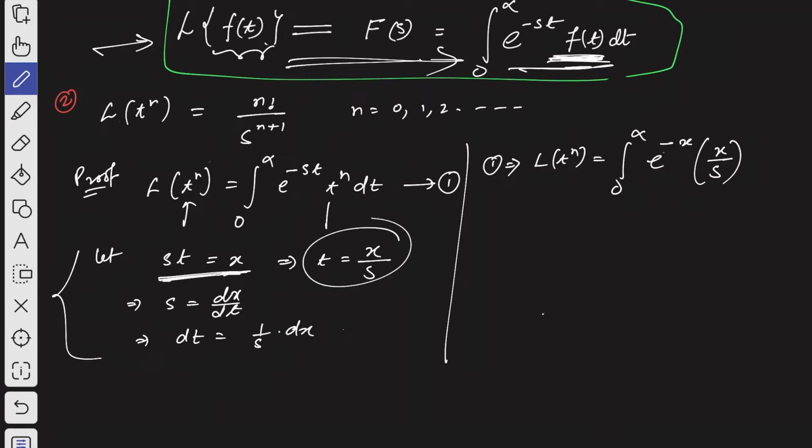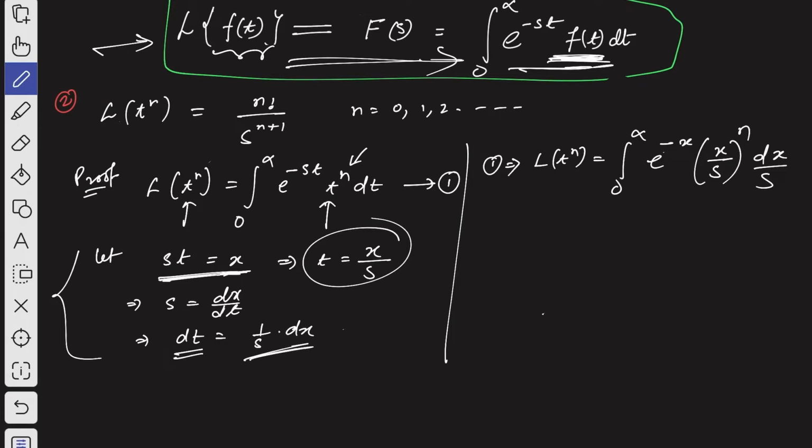So here this t is replaced by this, and as we have t to the power n here, so we have to write x by s whole to the power n, then dx by s, right? Because dt is dx by 1 by s dx, that means dx by s.